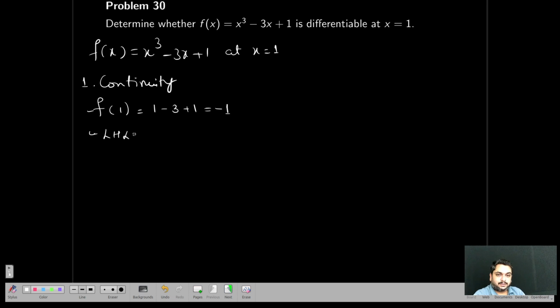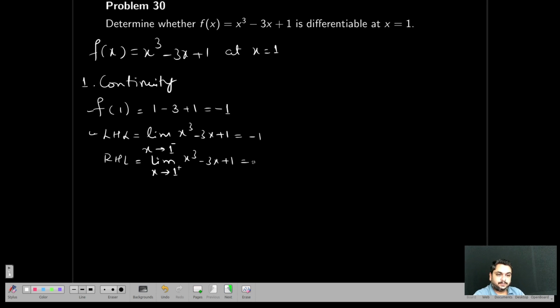So what is left hand limit here? Limit x approaches 1 from the left hand side, x cube minus 3x plus 1. So this will be equal to again minus 1. Similarly, right hand limit is equal to limit x approaches 1 from right hand side, x cube minus 3x plus 1.